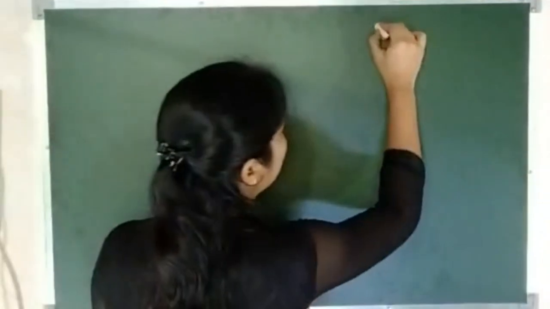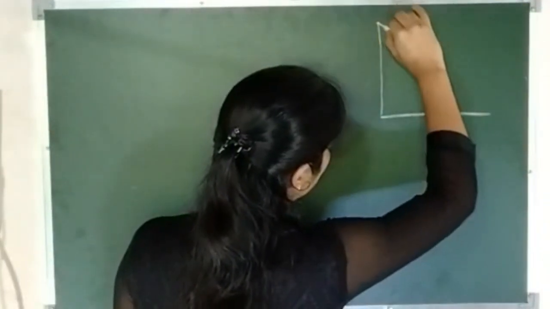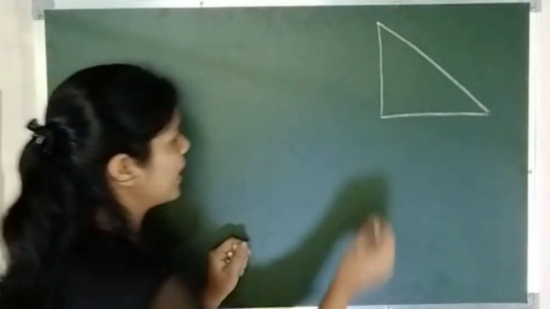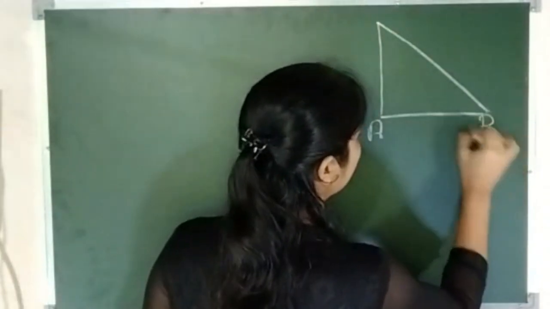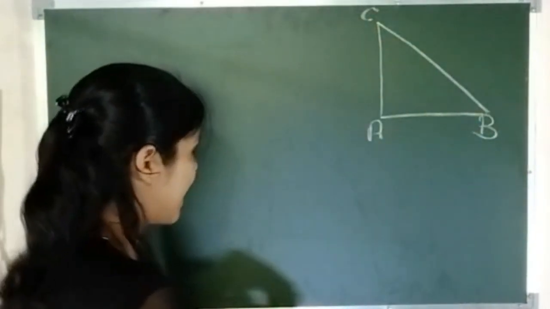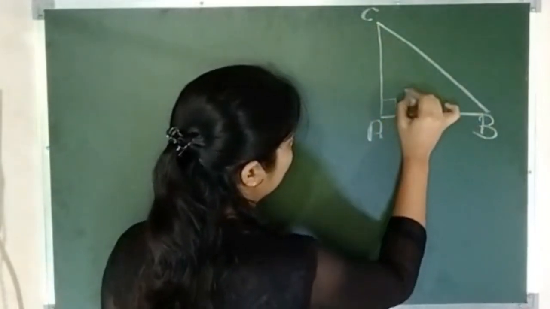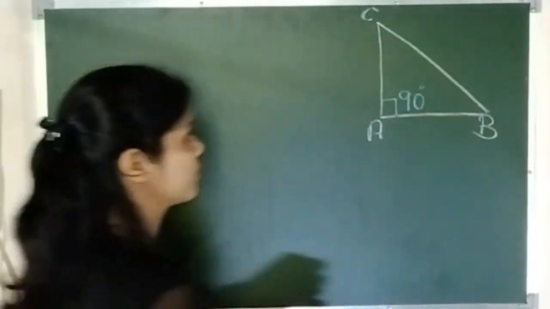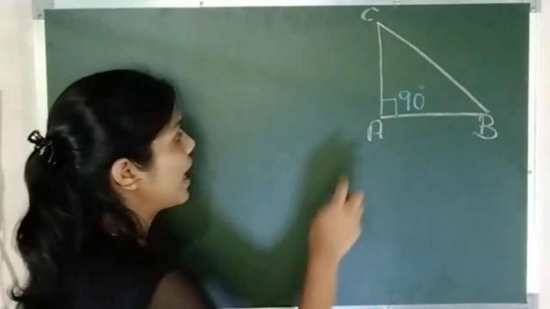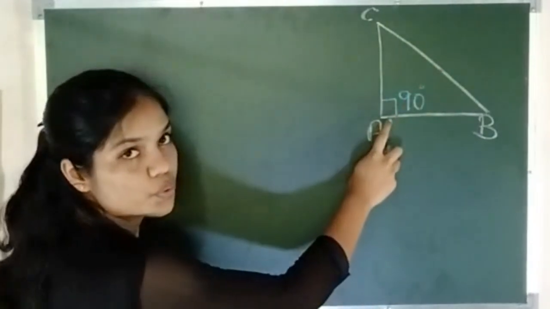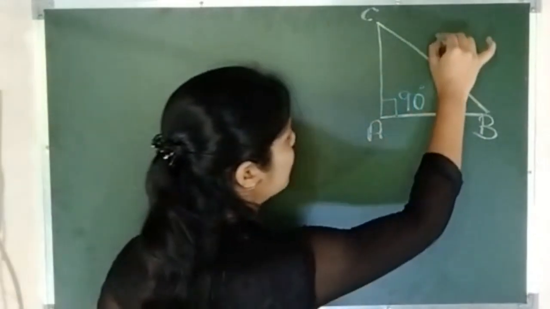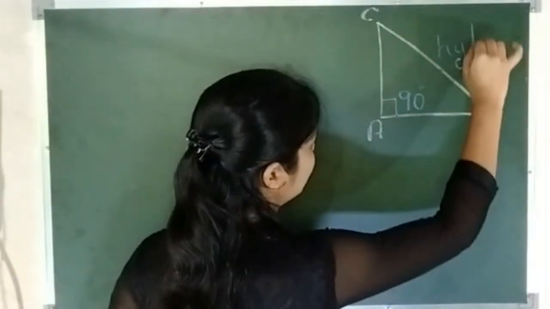Consider a right angle triangle ABC, which is right angled at A. The side which is opposite to A is called the hypotenuse.